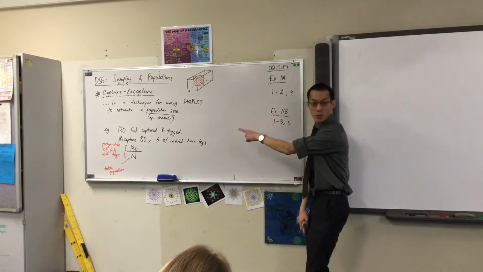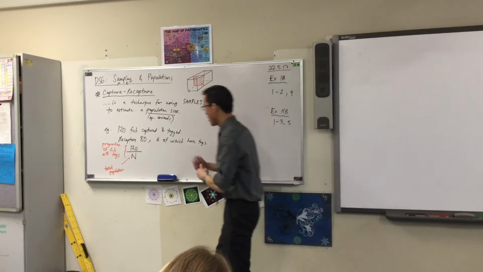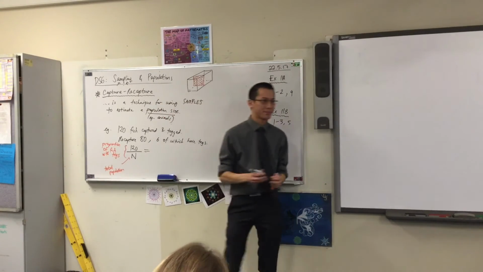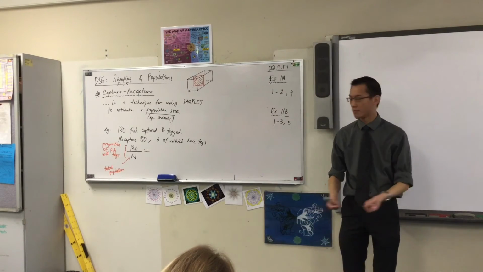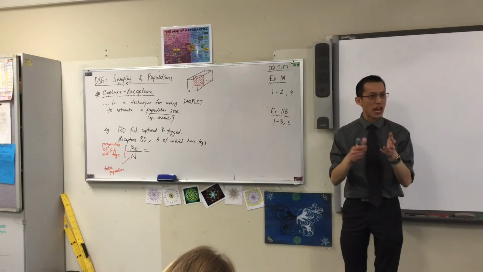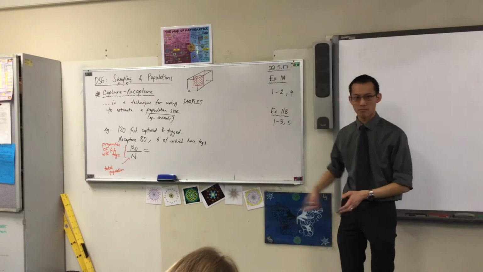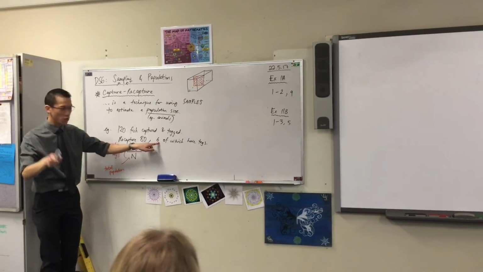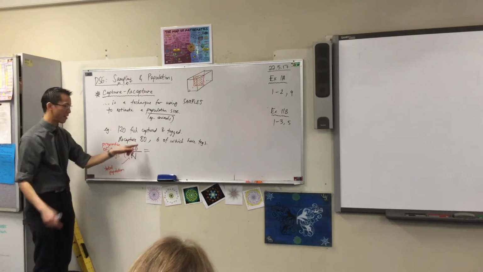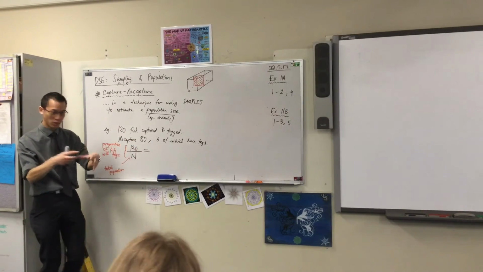Now, this is what happens when you did the capture. Then we recapture, and we again look and we see, well, some of them have tags and some don't. Okay, what percentage has tags? Well, there were 6, but this time I knew the population that I was looking at had 80, right? This is this little subsection.